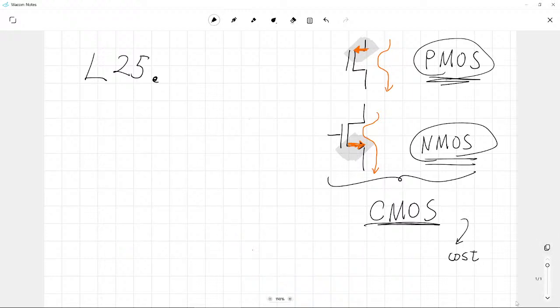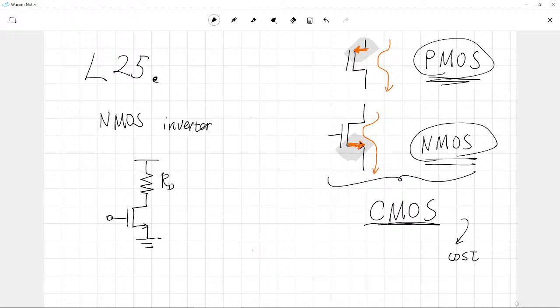Okay, now let's come back to our beloved circuit, the NMOS inverter. The problem of this NMOS-only technology is what we discussed. Now you know that there is a load resistor, and here we have an NMOSFET. Let's say this is the input voltage and this is the output voltage, and we have drawn the voltage transfer curve of this circuit several times.